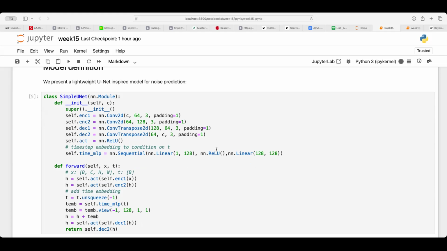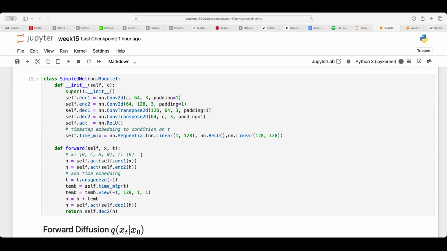So you can think of the simple UNet here as a way to reduce the dimensionality of your images. So there is a convolution step. This is something which is done often in connection with these models in order to reduce the dimensionality.